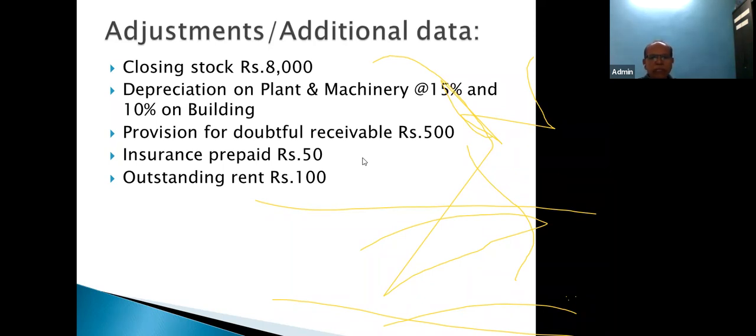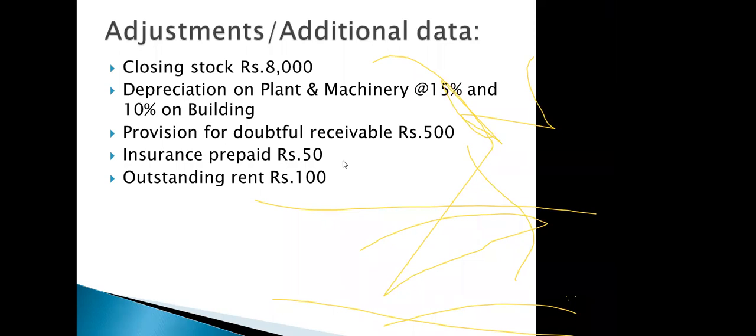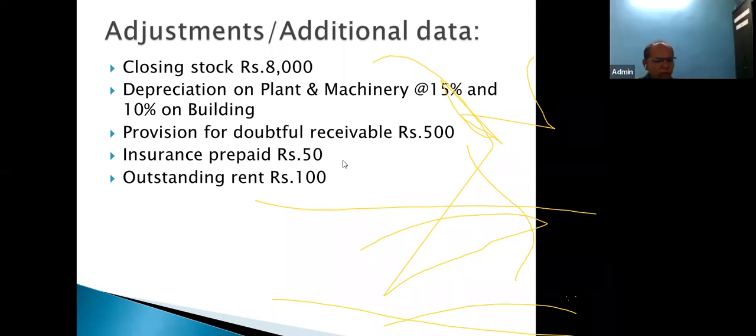Everyone, please go to your balance sheet, asset side. Did you come there? On the asset side, you must have written accounts receivable, 9650. Below that, mention less provision for doubtful debts, ₹500. It means 9650 minus 500.